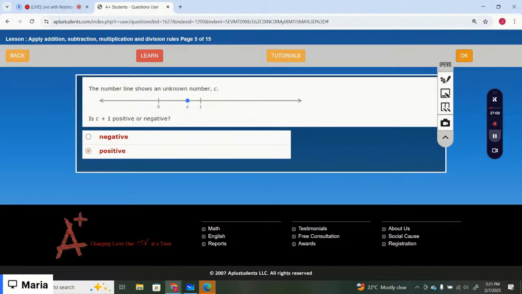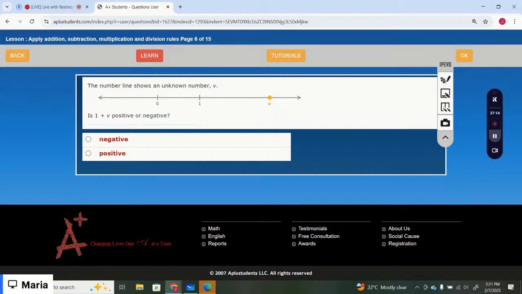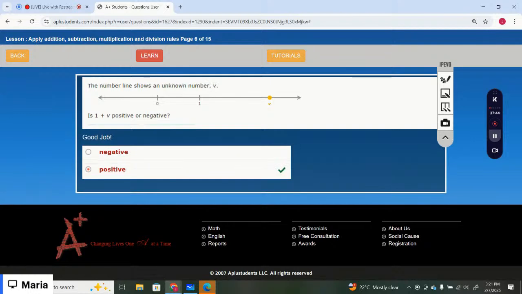Option number 2 is the correct option. The number line shows an unknown number V. Is 1 plus V positive or negative? So V is on the right hand side of 0. So that means the sum of 1 plus V is positive.